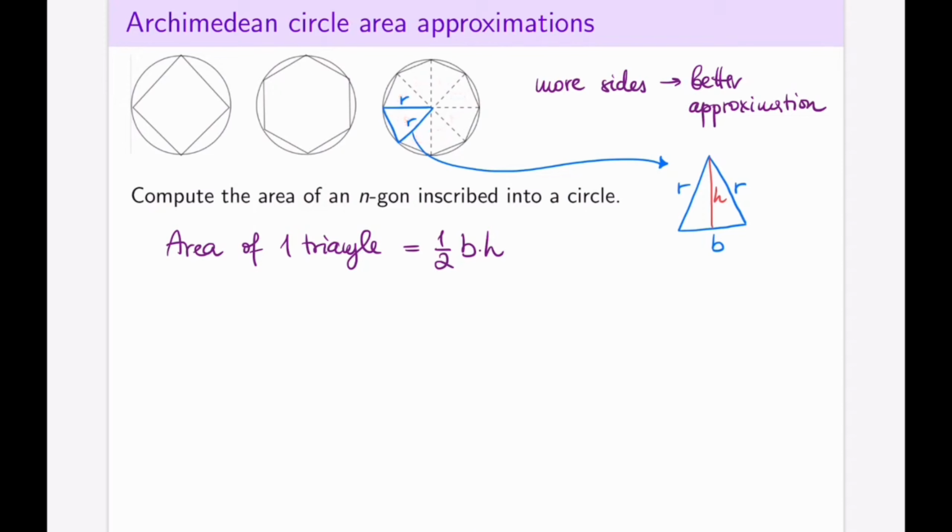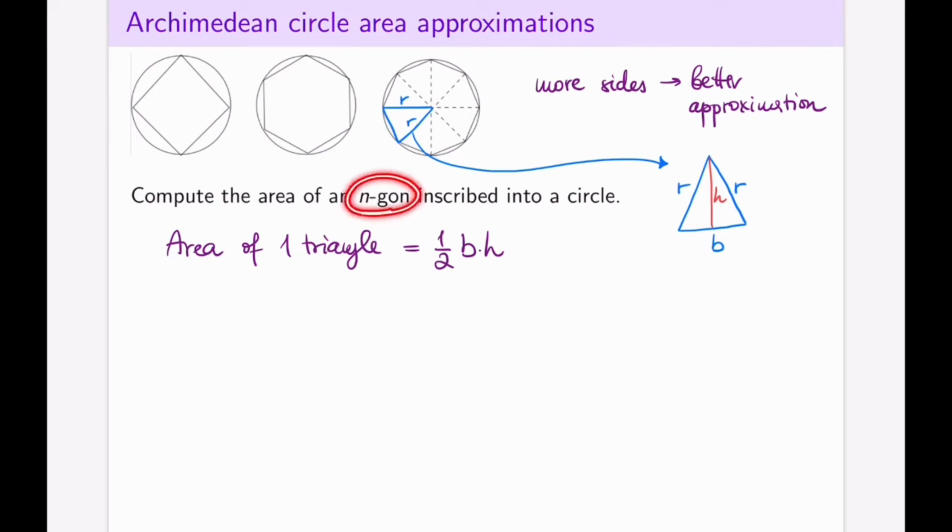Now, I have a whole bunch of these triangles here. In fact, I have exactly as many of them as the sides of my polygon, right? So if I start off with a square that has 4 sides, going from the center of the circle, I'm going to create 4 triangles. If I have more sides, I'm going to create more triangles, but it's always going to be exactly as many of them as there are sides to the polygon.